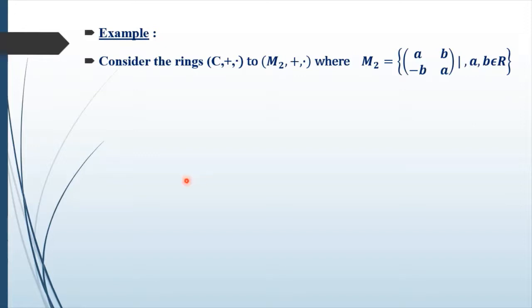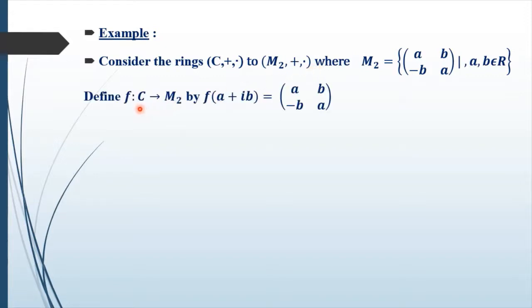Consider the rings: C, the set of all complex numbers under ordinary addition and multiplication, and M2, the set of all 2 by 2 matrices of the form where the leading diagonal has elements A and the other elements are B and minus B, where A, B are all real numbers, under matrix multiplication and matrix addition.